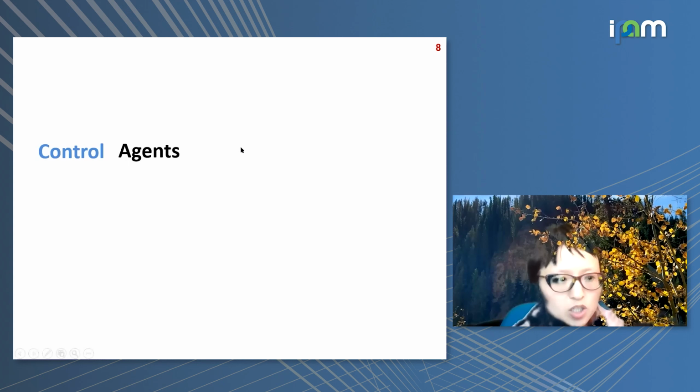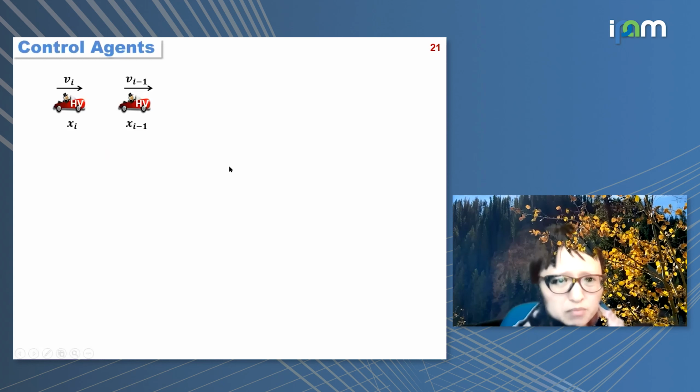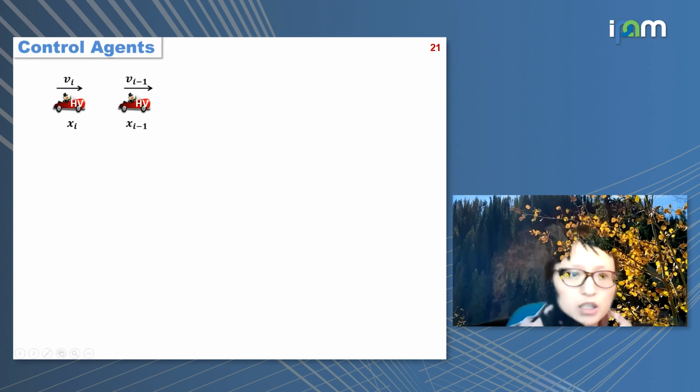As I mentioned, when people work on the pure AV world or platooning, researchers treat each car as a control agent. What do I mean by control agent? Here I just use car following as a demonstration. One HV follows another HV, and we try to model how we control the speed of this HV.